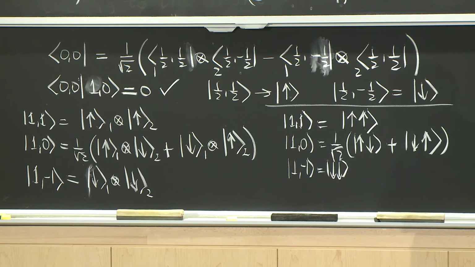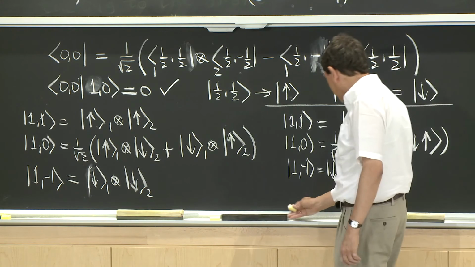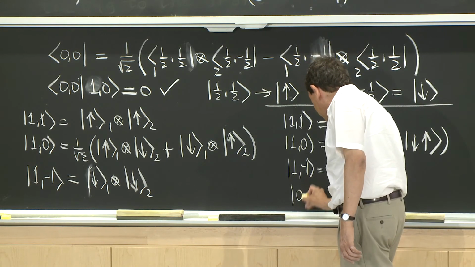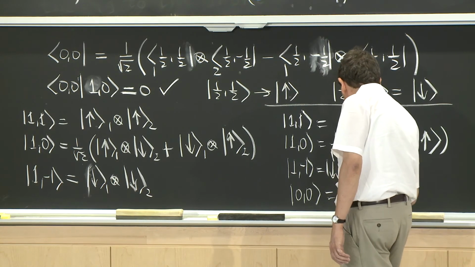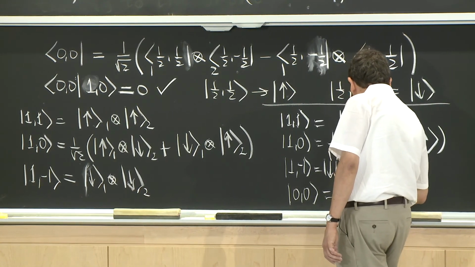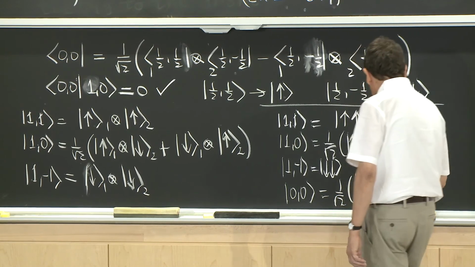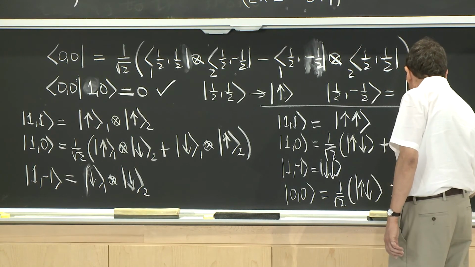And the other state, our singlet, which is many times a very useful state, the 0, 0, would be 1 over square root of 2, up down minus down up.